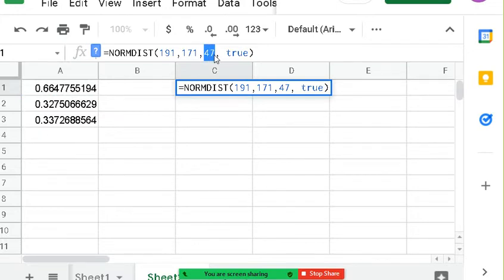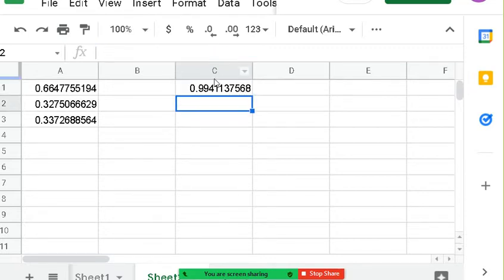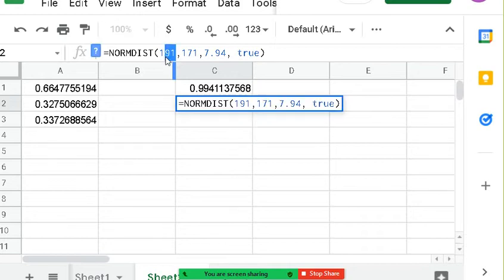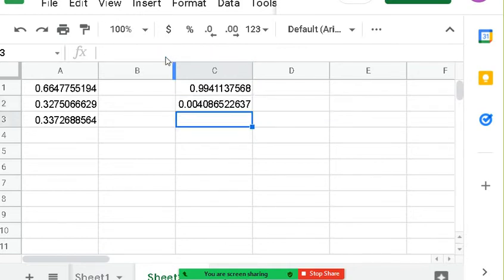Now, kind of the brute force way to change the standard deviation is to take out your calculator, take 47 divided by the square root of 35, and figure out that it's 7.94 something. So then just type in the 7.94, and then I'll copy that and put it down here. Except now I'm going to change that to a 150. And then the difference between these two, so equals this minus this.